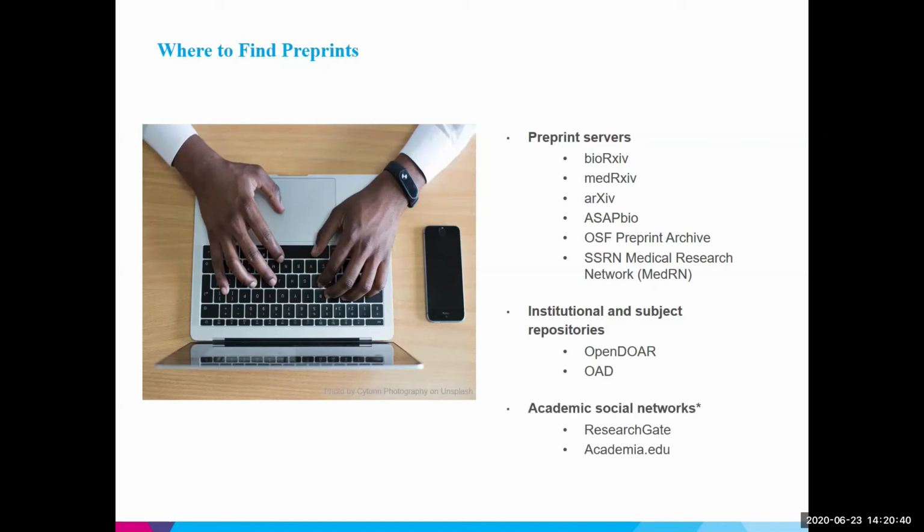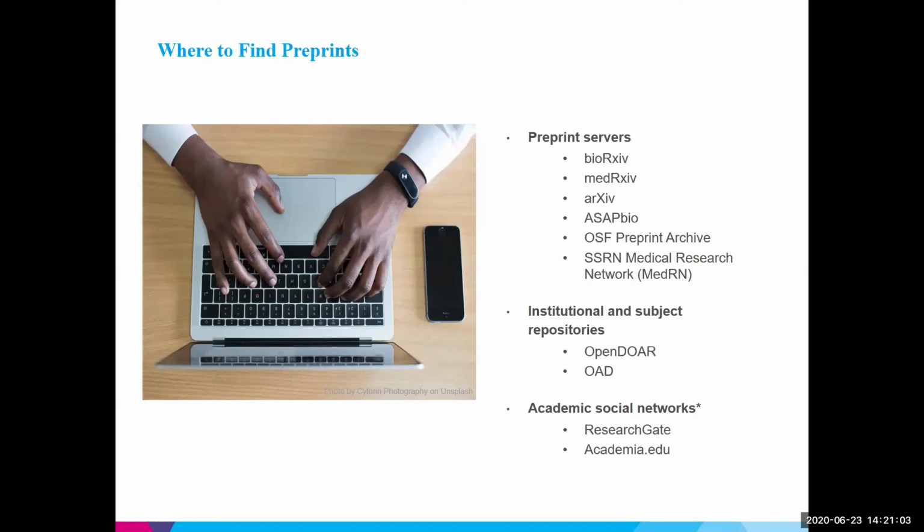I'm also going to mention academic social networks, but with a caveat. You've probably heard of either or both ResearchGate or academia.edu. However, they are not considered repositories by a lot of journals and publishers, because they're not repositories, they're social networks.